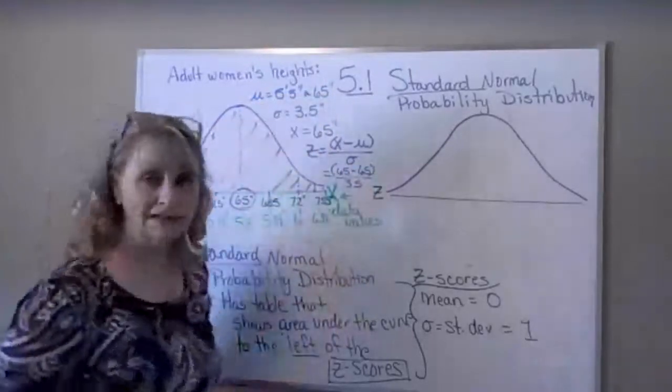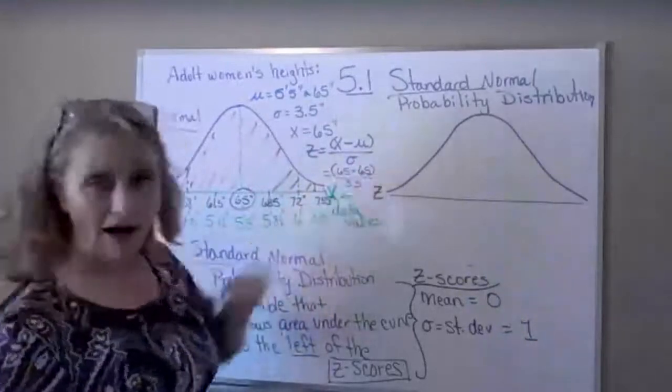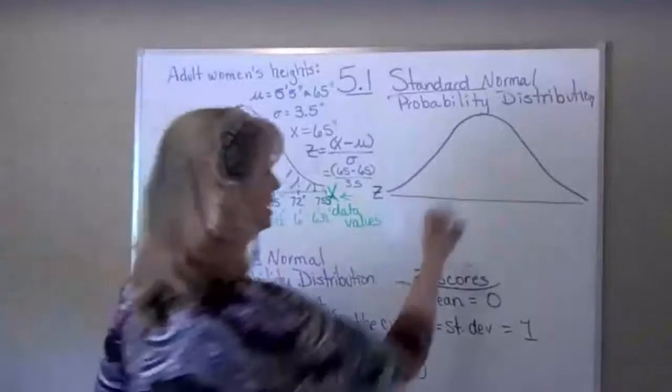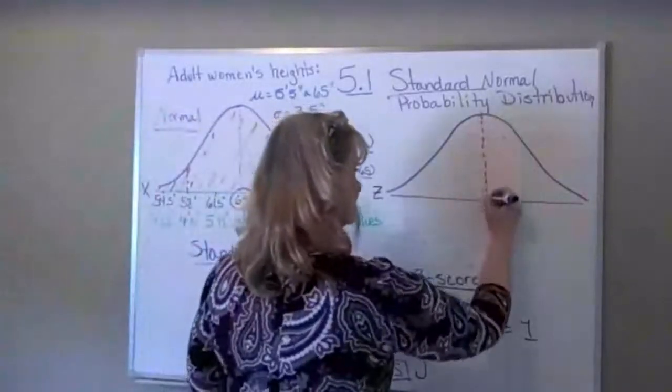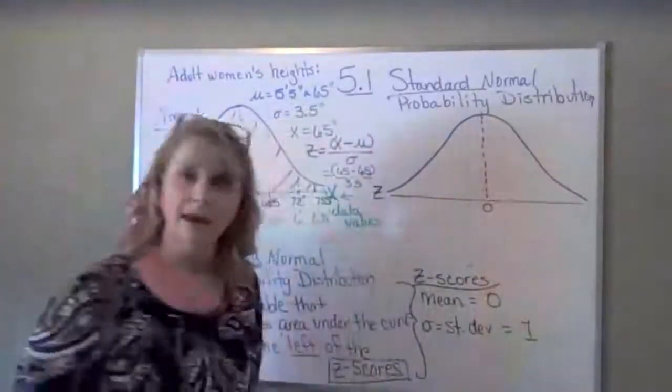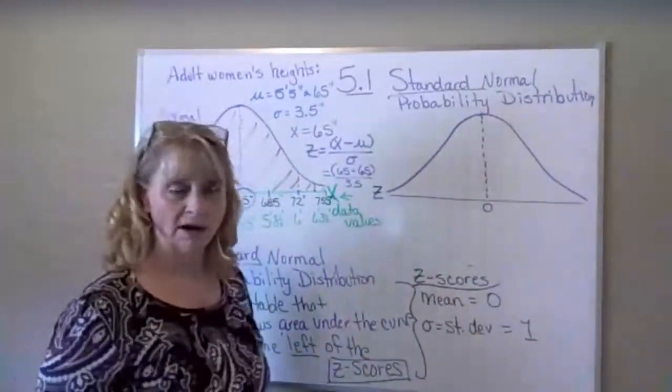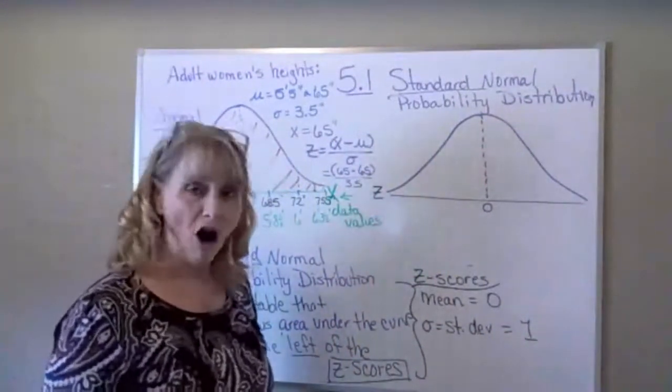And notice that's going to give me 0, because 65 minus 65 is 0. So that means the z-score for 65 inches is 0.